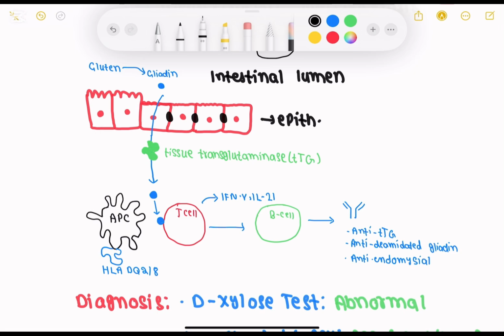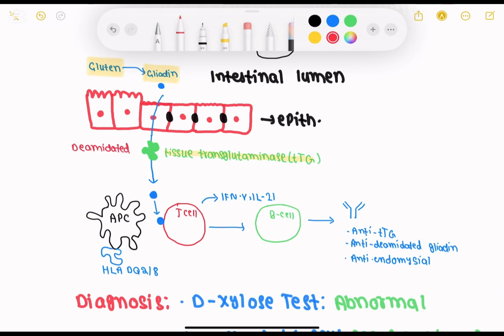If we see, we have gluten that mainly contains gliadin as the immunogenic component. When this gliadin enters the system, tissue transglutaminase does deamidation of gliadin, so gliadin is deamidated over here.